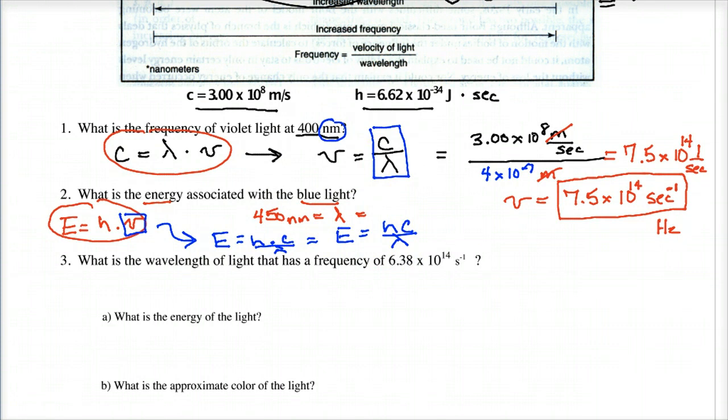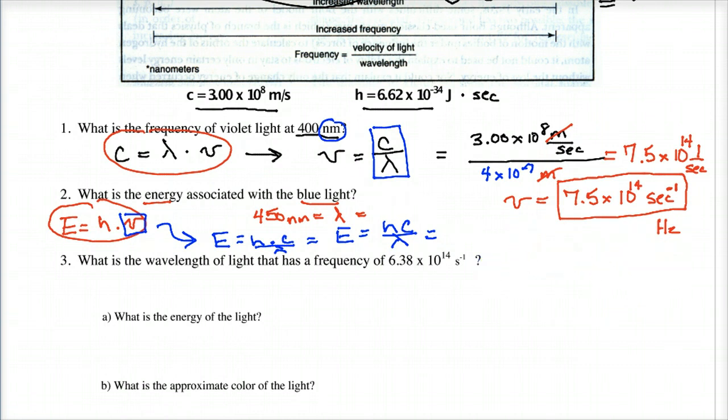Okay, so let's do that problem. All right, so let's plug that in. So we have Planck's constant, which is given to you. I'm going to write this down here because we have the room. And it's 6.62 times 10 to the negative 34. That's a huge, small number. Joules second. Okay, I can see I'm running out of space. Let me just redo this because I want you to see the units.